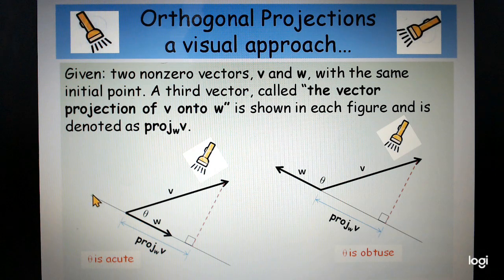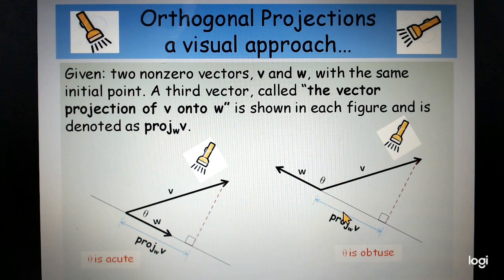Vector w simply lies on this line. And a projection, right, you have a perpendicular here. The actual shadow is this length, which is outlined in blue. So this is called a projection of v onto w. Okay, so the projection is not the entire vector w. Doesn't need to be.